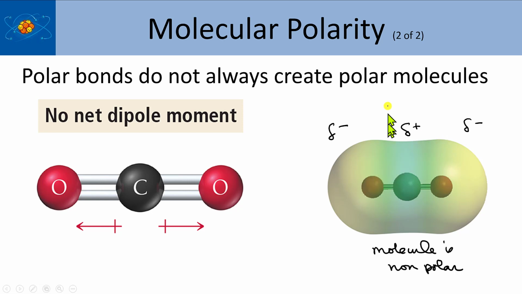I often tell people a simple way to think about it, once you get good at visualizing the shape of the molecule, is to think of the bonds as rubber bands pulling on the central atom. And if in your mind you decide that the central atom doesn't move because the pulls are the same in all directions, then the molecule will be nonpolar.